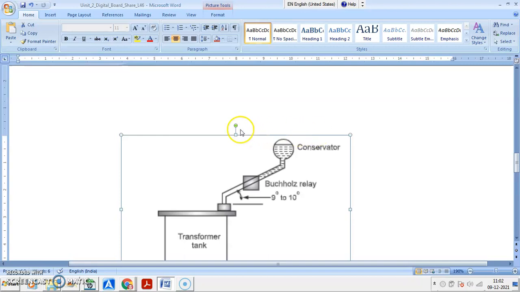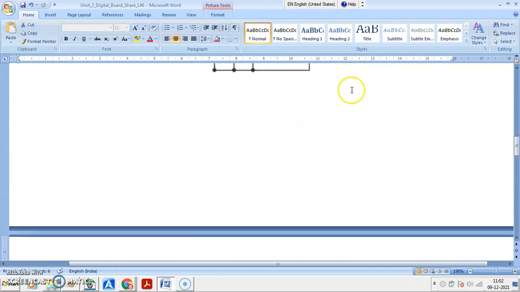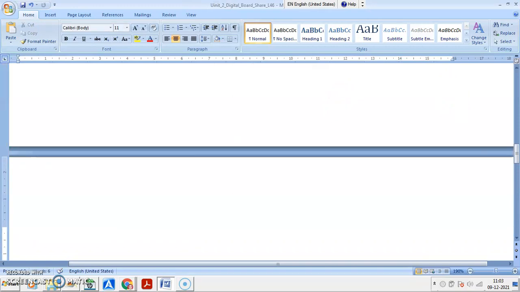Certain difficulties are always there associated with the differential protection scheme. So other protection scheme that is provided to the transformer is by gas actuated relays.